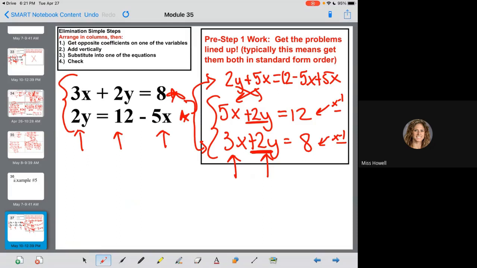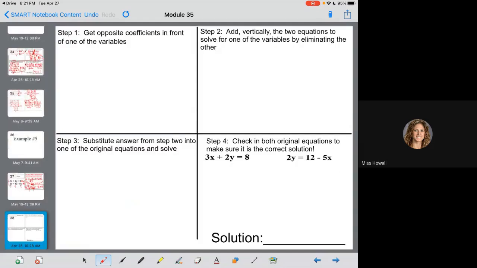So I'm going to take this one, 3x plus 2y equals 8. I'm going to multiply it by negative 1, and I'm going to keep that 5x plus 2y equals 12 the way it is. I could have done that times negative 1 with the other one. So I'm going to take my 3x, the whole thing, 3x plus 2y, and multiply that by negative 1, and the 8 needs to get multiplied by negative 1.